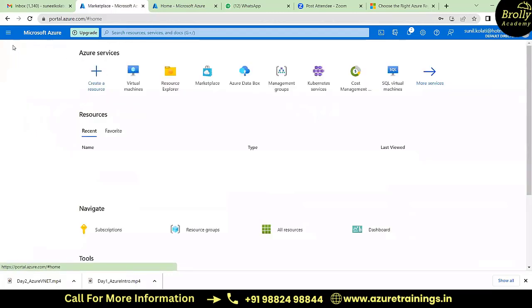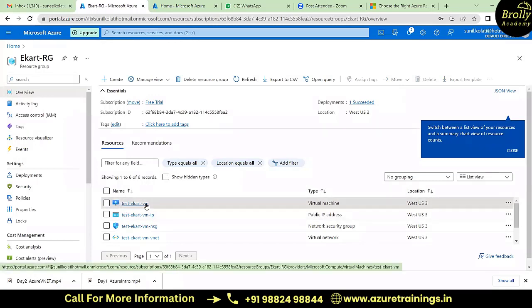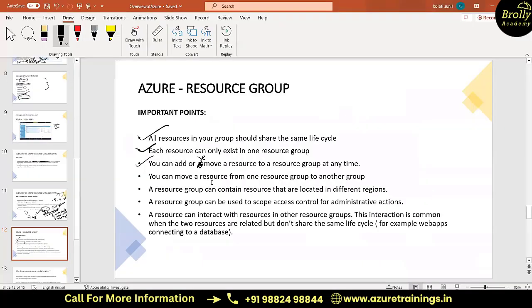I can remove a resource. If I want, I can delete this VM. If I want, I can add one more VM like prod eCart VM, or one more VM like QA eCart VM. So there are no restrictions. We can add or remove a resource to a resource group at any point of time.